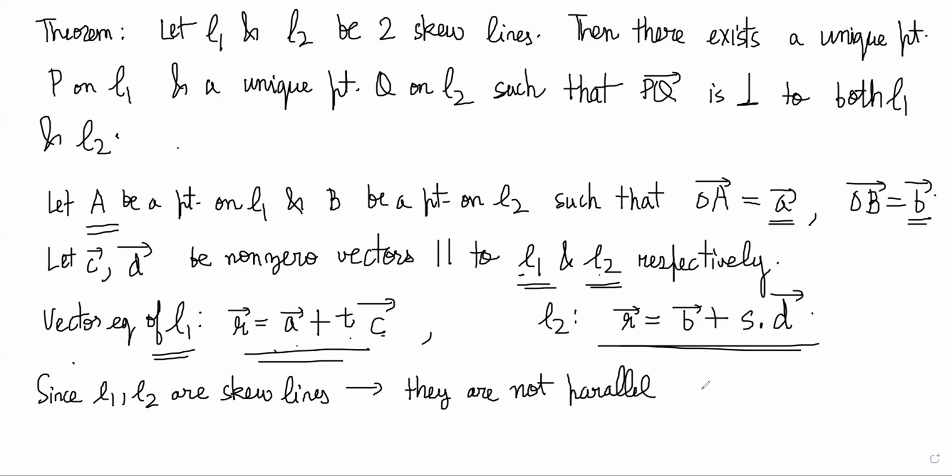So one thing you can say there is that c dot d will not be equal to mod c mod d, right? That is something that we know is not true. Now, what we have to find is 2 points, the intersection of these two lines, right?